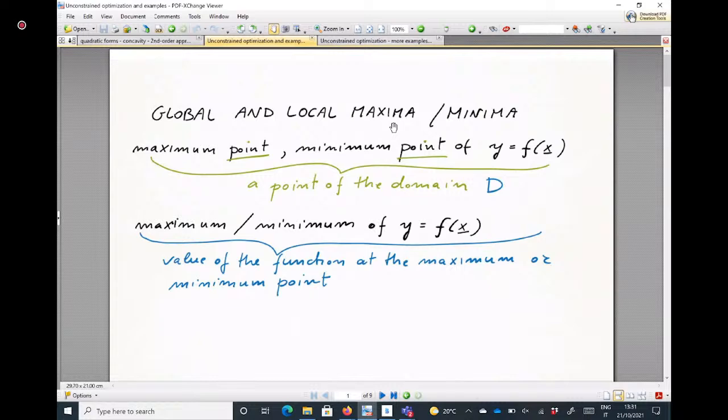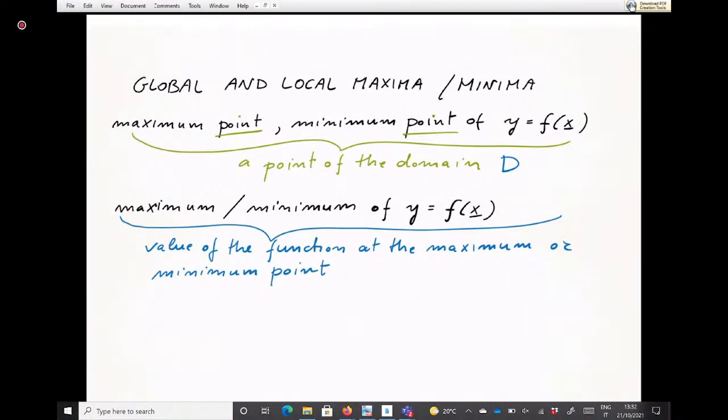The problem will be finding the points of the domain of the function which maximize or minimize our n-variable function, okay? So our choice problem is selecting the points of the domain by which a certain function that depends on the variables of this domain is maximized or minimized.